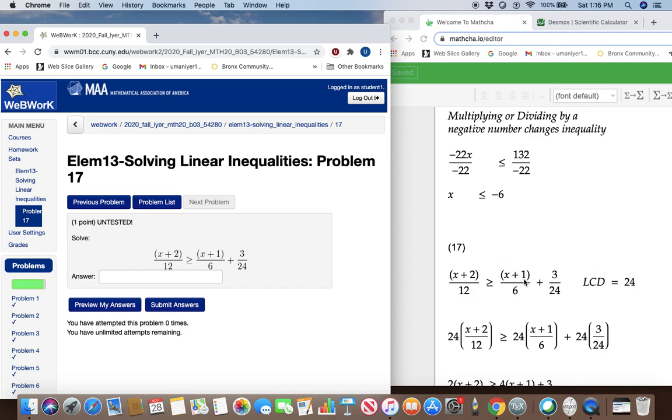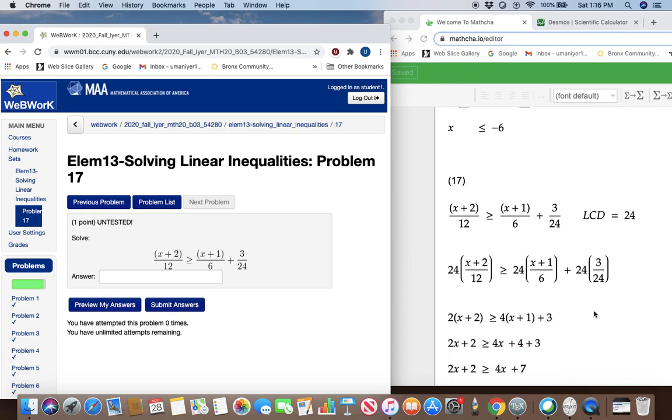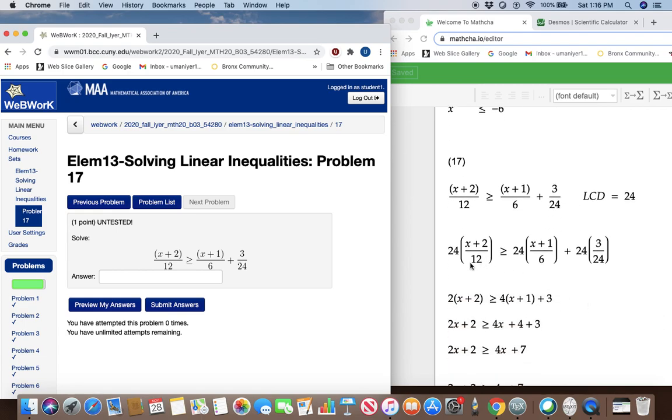Multiply both sides by 24. Notice 24 is positive, so inequality is maintained. So you multiply the left-hand side by 24. Right-hand side, it distributes 24 times the first term plus 24 times the second term. So basically, I multiply 24 to each of the terms. Now, 12 divides into 24 to get me a 2.